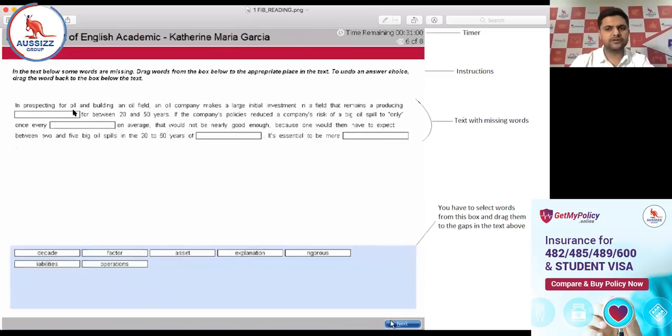Now, you need to remember one very important thing: if you take a lot of time to read this and answer, you might be able to answer a lot of questions, but the actual challenge over here is the time. You have an overall time for the entire reading section, and you're supposed to finish all the tasks in that given time.